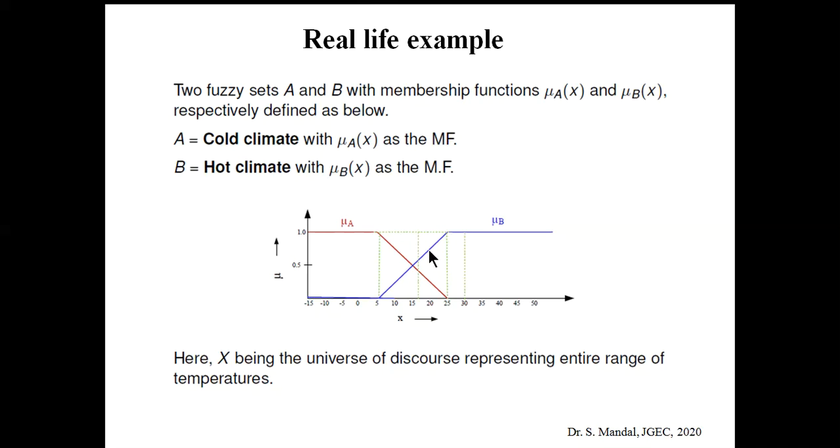So you can see that this portion describes the very hot weather, and this one is the very cold area. Now x is the universe of discourse, representing the entire range of temperature, from minus 15 degrees Celsius to 50 degrees Celsius.